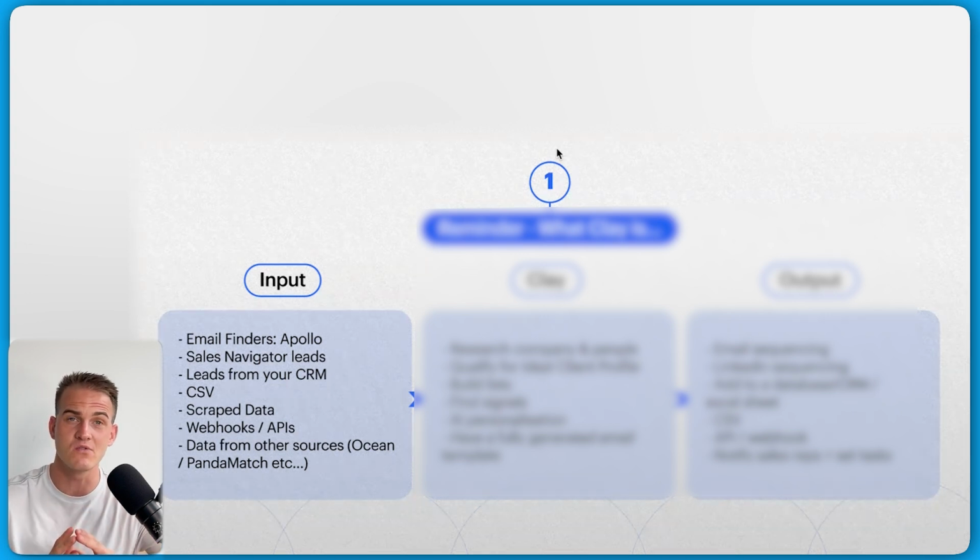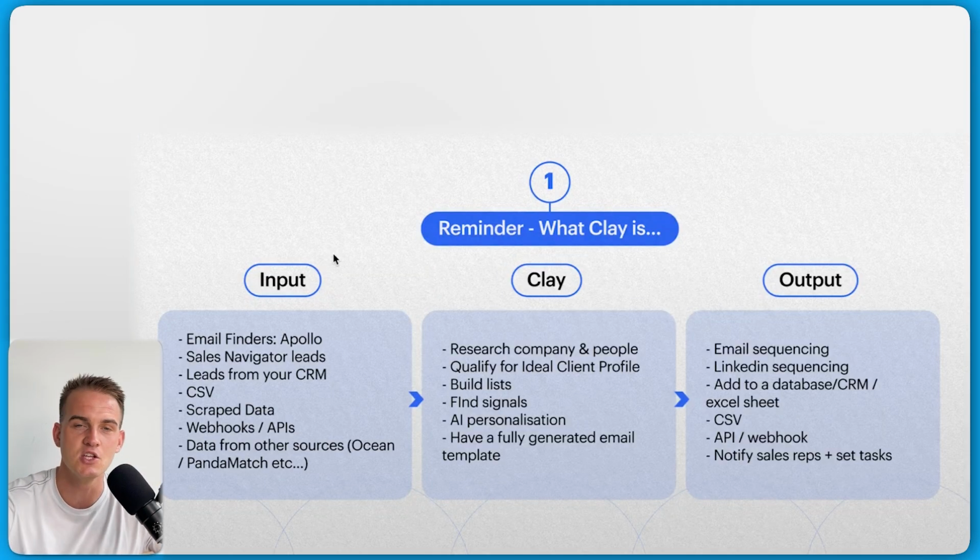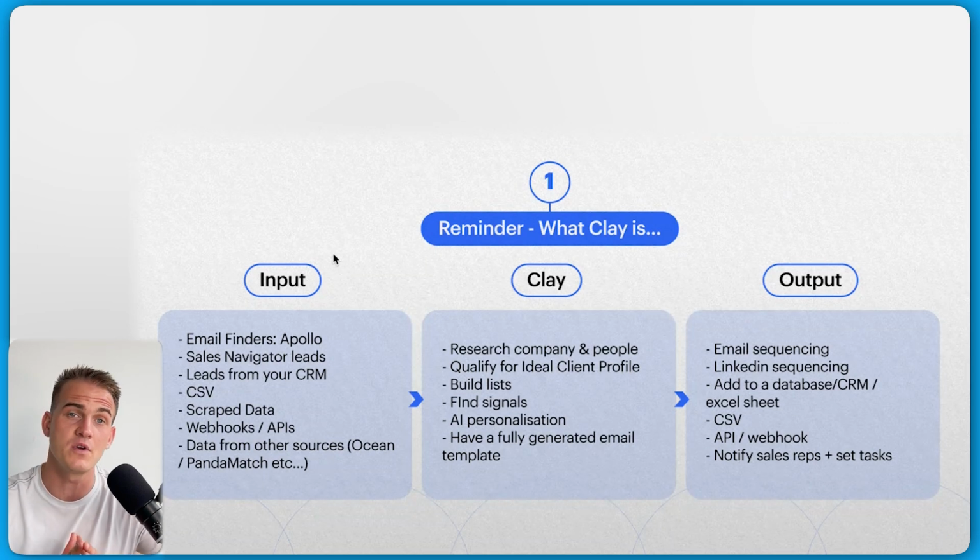You need to go and source that data somewhere else most of the time outside of Clay and just import it into Clay. You can do that via webhooks, via APIs, via importing CSV files as well. Now that you have the data inside as an input, Clay can do all of this funky research, AI personalization, and all of that stuff for you. And then finally, you have the output, which is email automation, LinkedIn automation, and all of the other fun stuff.